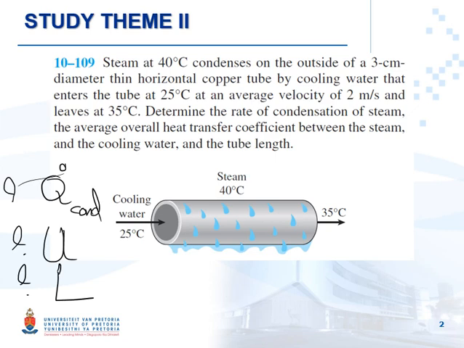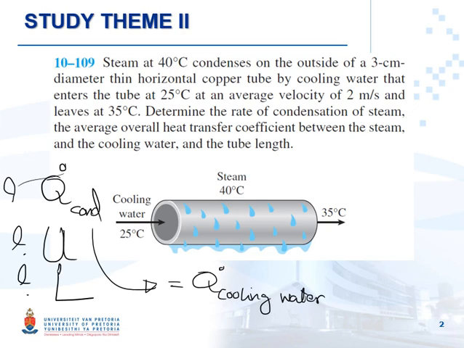For example, here we want to find Q dot condensation. How can we see it? Q dot of condensation is equal to Q dot of the cooling water. Am I right? Yes, because Q dot condensation is equal to Q dot of the cooling water.